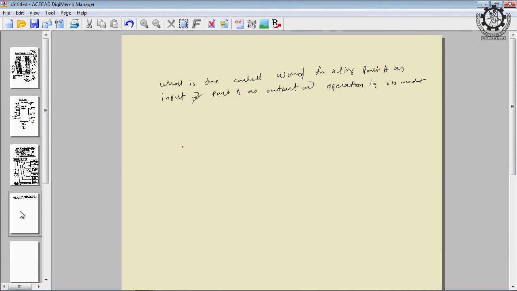So, what will be the control word? Can you find out? If the question is clear, you want to make port A input and port B output, and the operation in I/O mode, not BSR mode. So, what will be the control word?